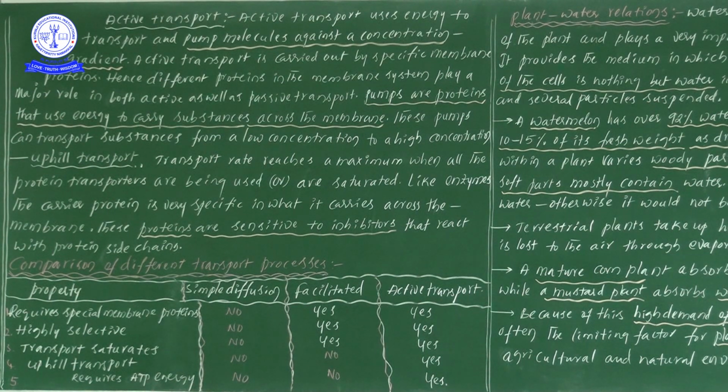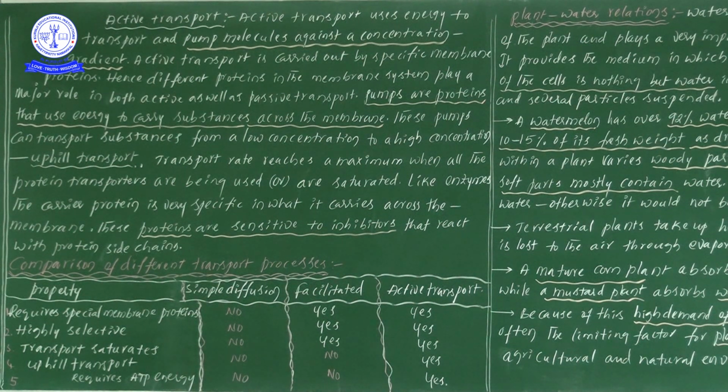Note this well: even in facilitated transport as well as in active transport, we observe the involvement of specific membrane proteins. Now can you give the differences between facilitated transport and active transport?